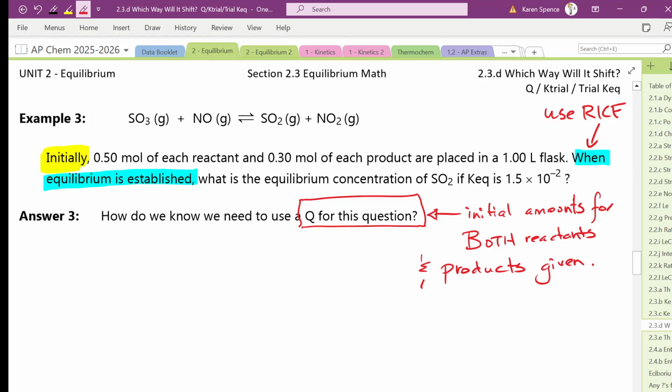So I would start with Q, because then you know which way it shifts, and then when you start doing your rice table, you'll be able to put your pluses and minuses on the right side. Does that make sense? Okay, so let's start with Q.